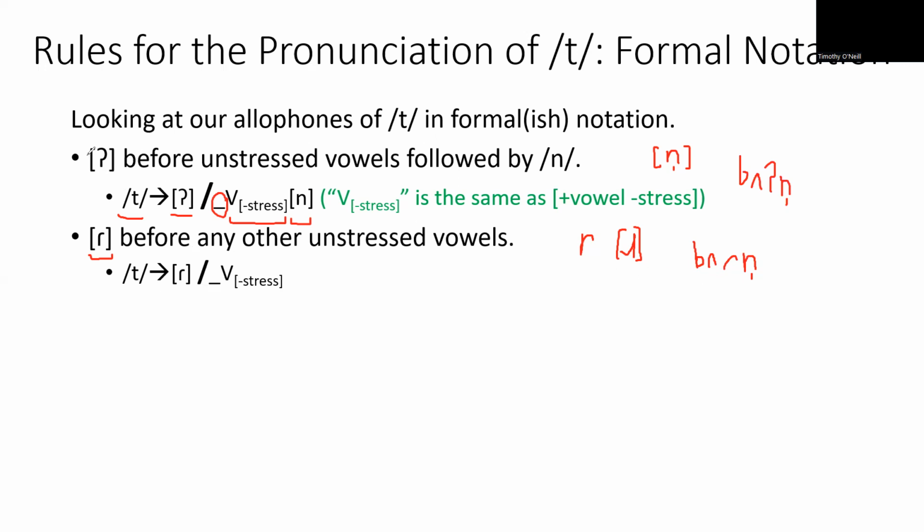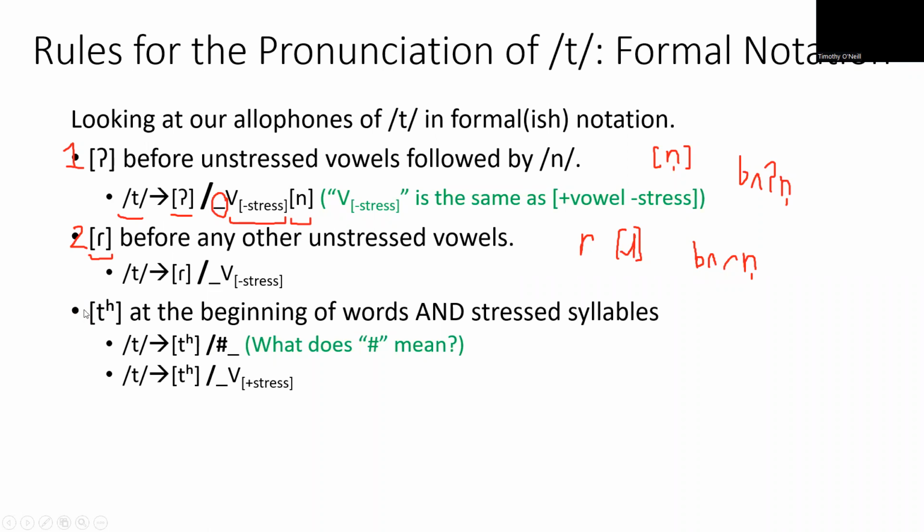Because this rule has to apply first. So maybe instead of bullets, I should have real numbers here, 1 and 2. And then the way this phoneme is pronounced at the beginning of words and stressed syllables is we have these representations here. So the phoneme T is pronounced as its allophone aspirated T in this environment.